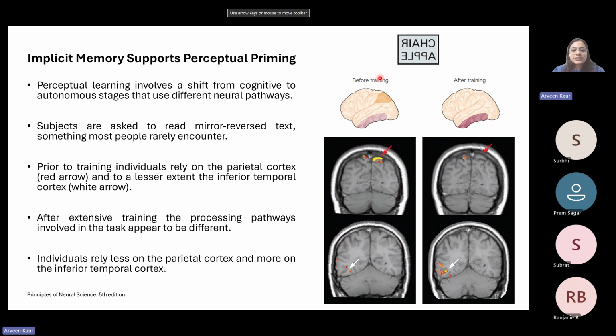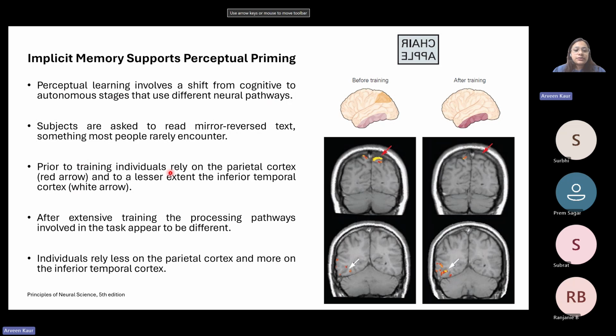So, for instance, you can see before training, this area was active in patients, right? But after training, this area was not that active, while another area became more active. So there is some kind of a change in how this perception is occurring.